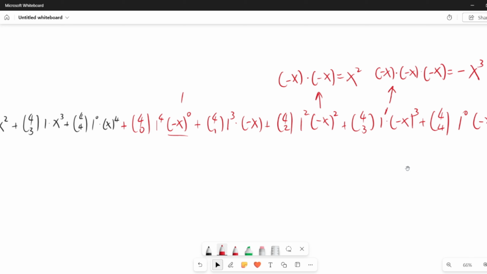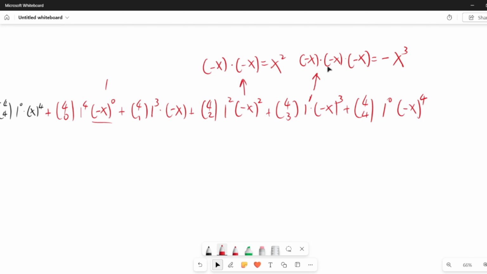Now do notice there's a difference, because every time you use something minus times something minus again, that will give you positive, right? 这在中文叫负负得正嘛. But however, in this case, you have 3 times minus x. So it's minus x by minus x. The first part of calculation gives you x to the power of 2. However, there is a following minus x. And that's the reason why you have x squared by minus x, which is actually minus x to the power of 3.